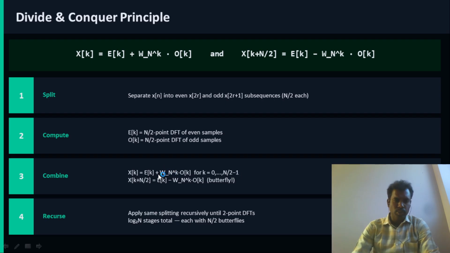The remaining n by 2 are calculated by simply subtracting.